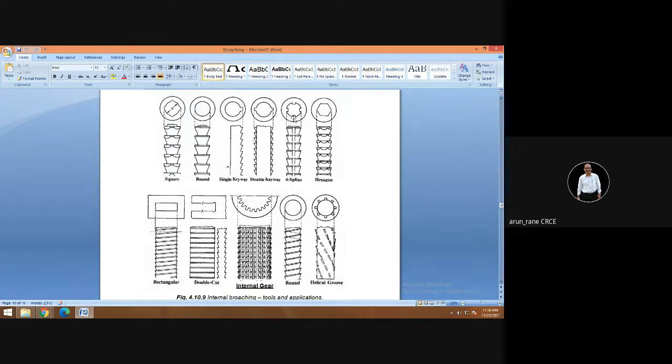These are called the splines. Splines are nothing but internal gear only. But in internal gear, the number of teeth is more, and in splines there are usually four splines. And this spline is used as a keyway only. What is the purpose of a keyway? Keyway helps to reduce the relative motion between the shaft and the pulley.